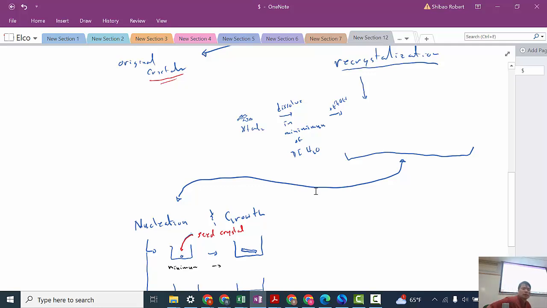Let me show. I saved some crystals from past. If you want to see what they look like, you can pass it around.